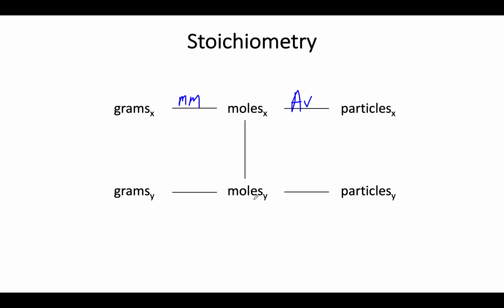And if we're going from moles of X to moles of Y in stoichiometry, if we're going to something else, that means we have to use a balanced chemical equation and use the mole ratio. So how many does react with the other substance? So that's the mole ratio here. And again, this is still molar mass, Avogadro. So most of this framework, I think, should be familiar to you.